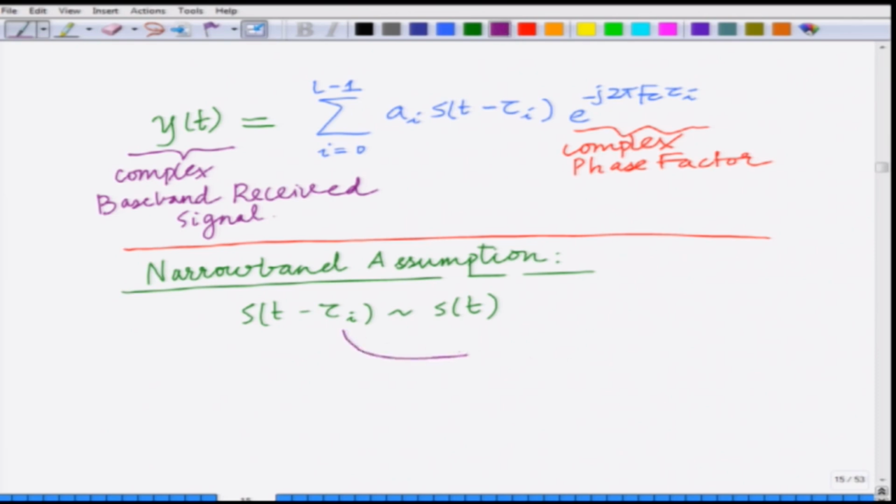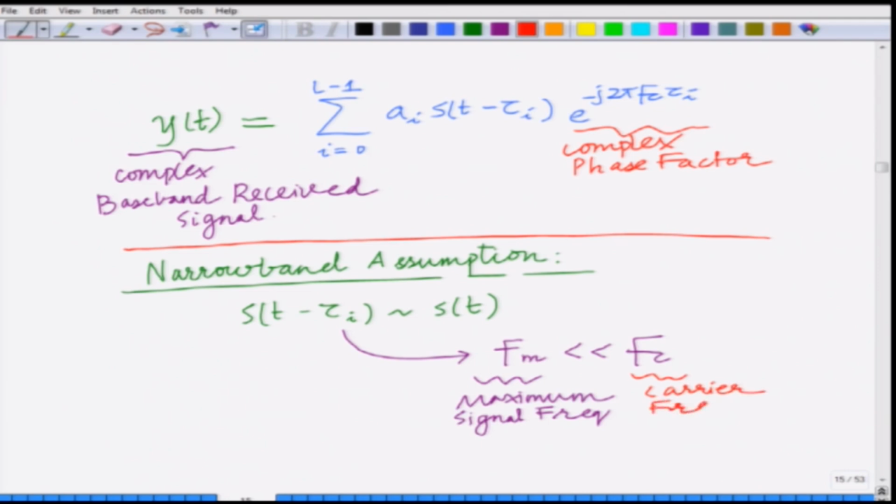What does it mean to say a narrow band signal? Narrow band signal means f m, the maximum signal frequency of the signal, is significantly less than the carrier frequency. When we have this maximum signal frequency f m significantly less than the carrier frequency f c, then we can employ the narrow band assumption.